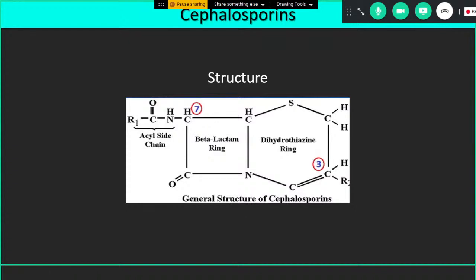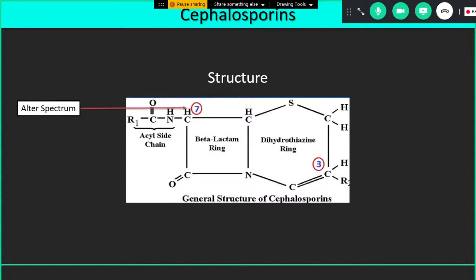I don't want you to remember this structure. What I want to emphasize are these two carbon atoms, and I will tell you why they are important. The first is a C carbon atom in the beta-lactam ring, at position 7, and the second is in the dihydrothiazine ring at position 3. If we change the side chain at these carbon atoms, it will produce a different kind of cephalosporin with a different kind of activity.